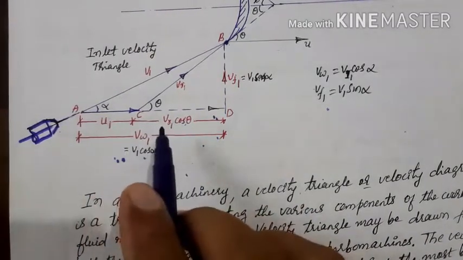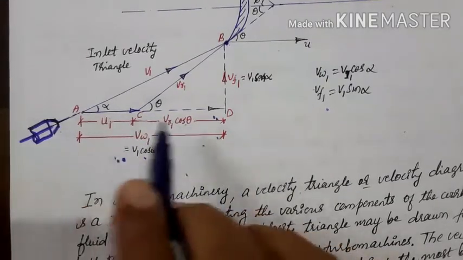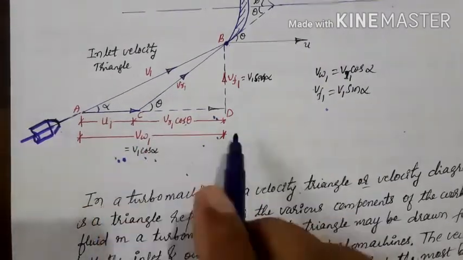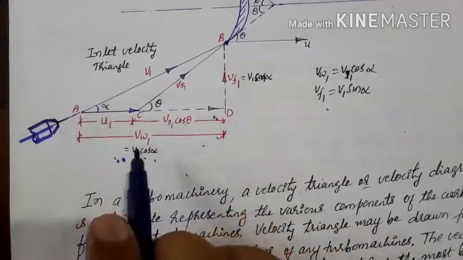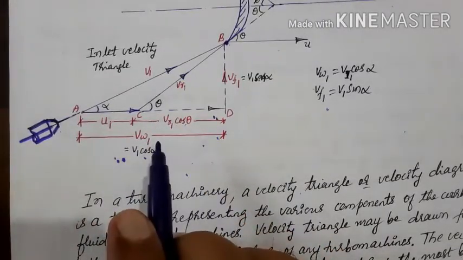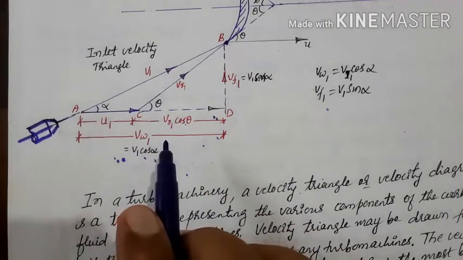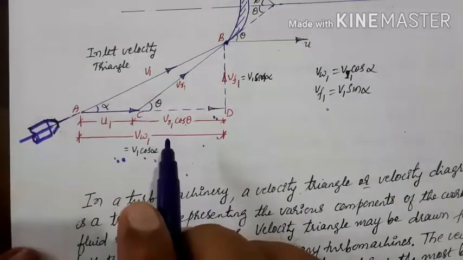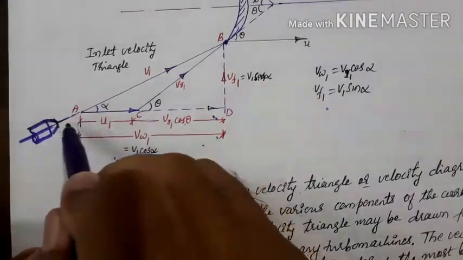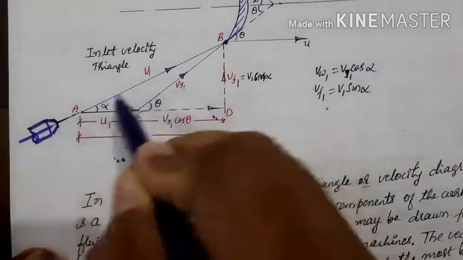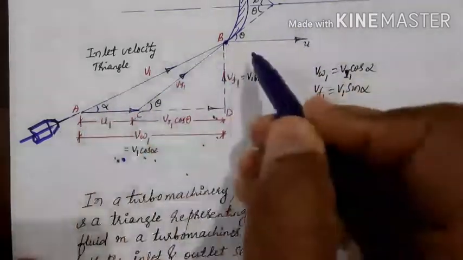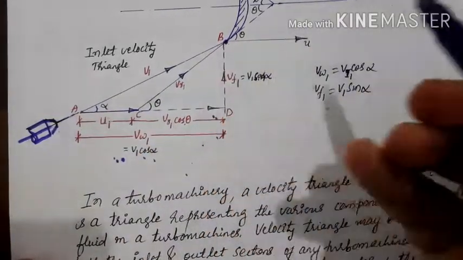So you look at the inlet velocity triangle, the various components are being drawn, and let us understand one by one, and a way to also understand the construction of the velocity triangle. Now how to construct this velocity triangle? As we know, the jet is coming with a velocity V1 and it is hitting the blade, and the blade will be moving with a velocity u.